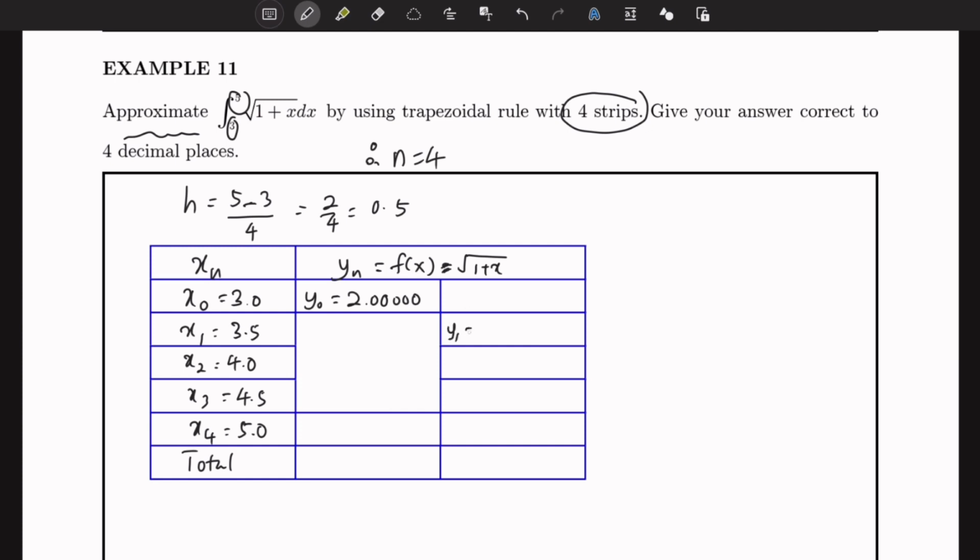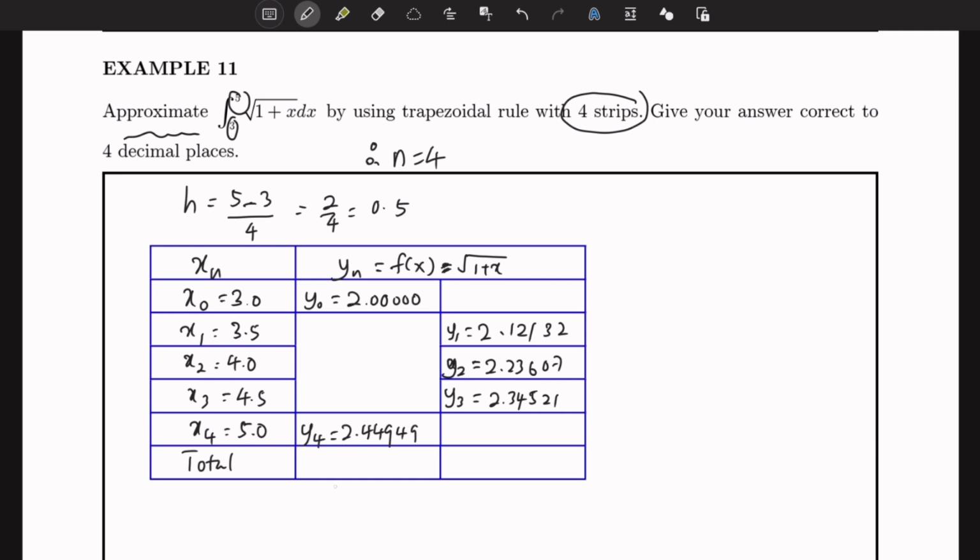So y1, copy down, 2.12132. y2 will be 2.23607. y3 is 2.34521, and then y4 equals 2.44949.